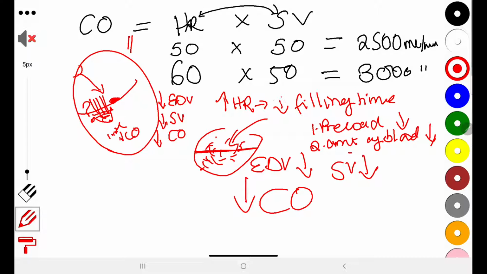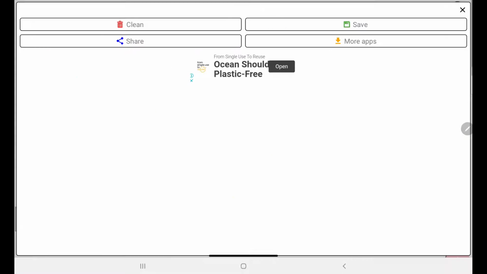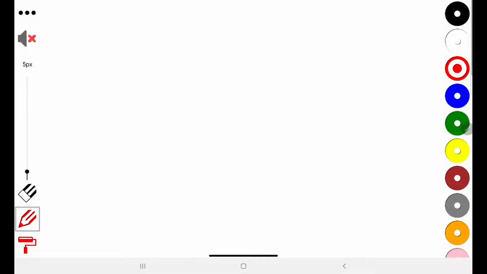Okay, let's take an example here of running. When you are running, your sympathetics kick in.